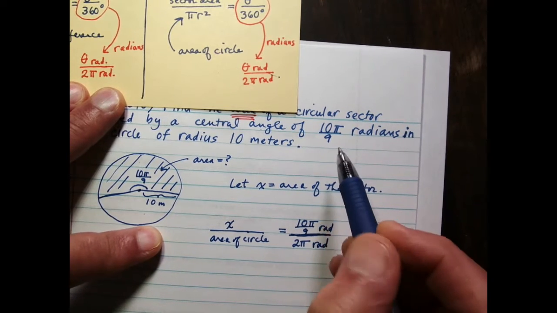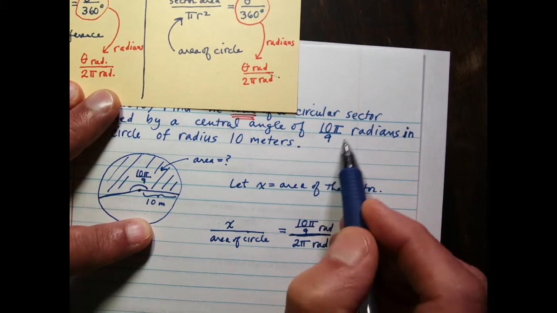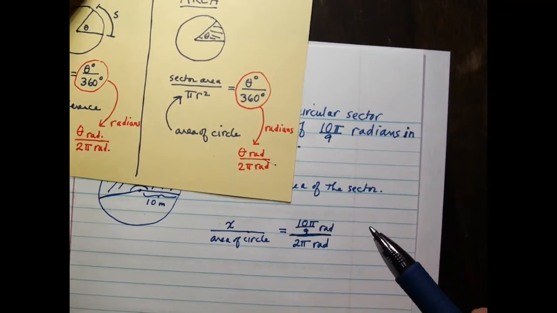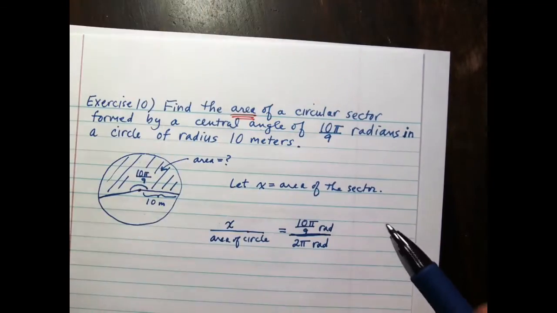Now, if you really wanted to use degrees, you could convert the radian measure to degree measure and then set up a proportion with degrees. That would work just fine.